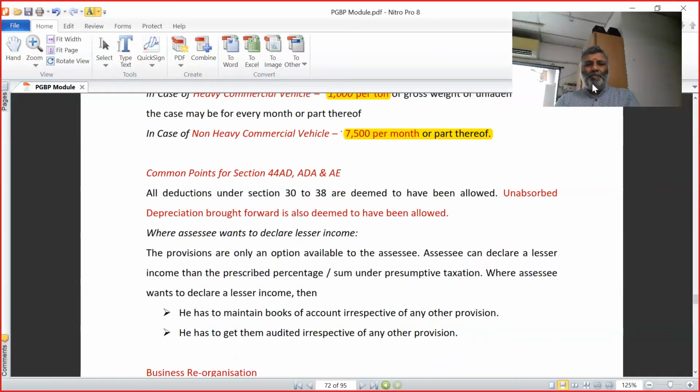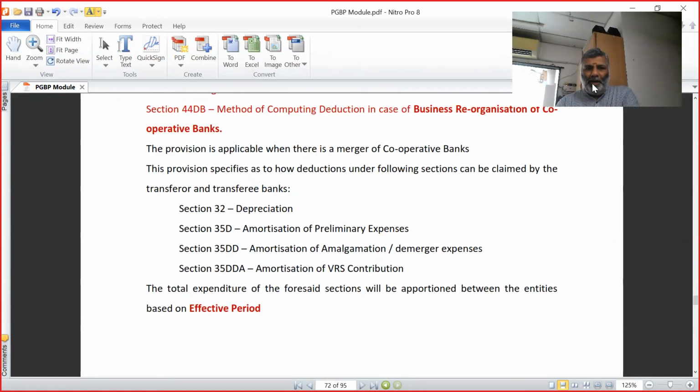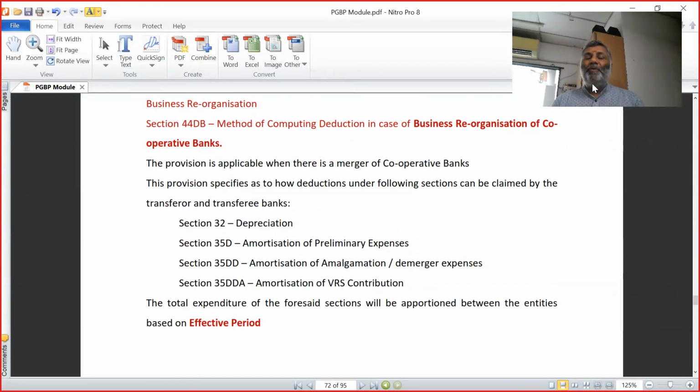The last provision of this chapter, before the non-resident provisions which we will see later, is business reorganization, which we very well know for cooperative banks. We are aware of this provision, but it is exclusive.